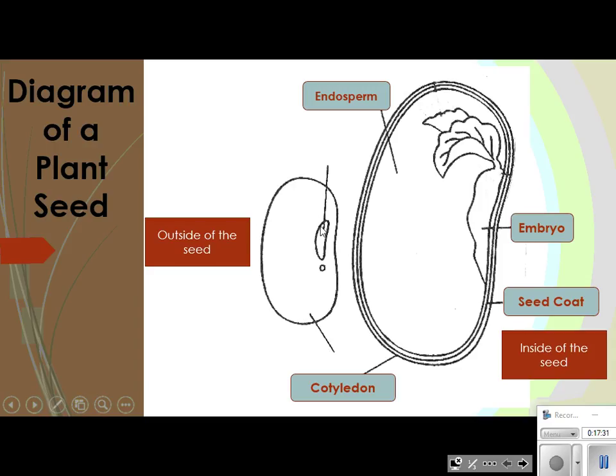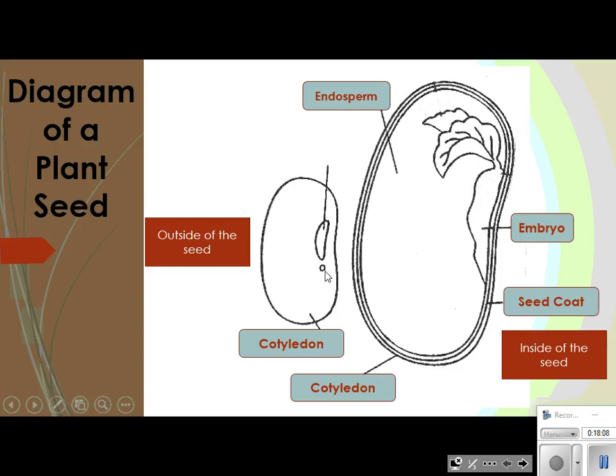The outside coating of the seed. What is that? The outside coating, we've already got it labeled on our other one. What was the outside? We just did it, right? What was it? Cotyledon. Okay, so that is the outside.